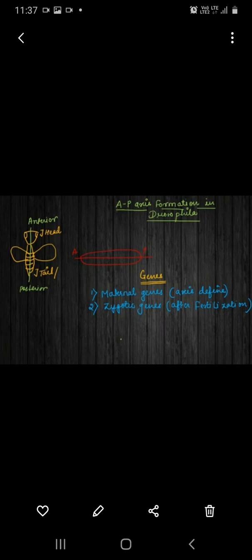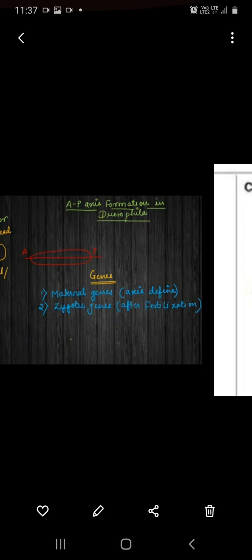So in Drosophila also, when the egg starts its developmental journey to become an adult, it is almost spherical, or here in the case of Drosophila it seems to be oval type.